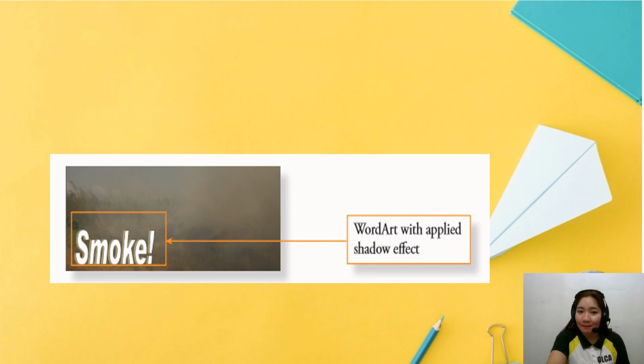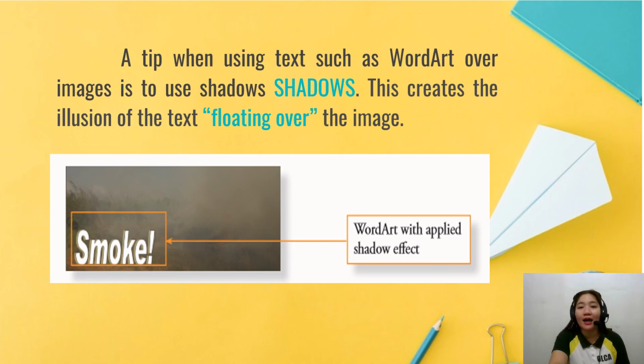Also, class, when using text such as WordArt over images, you are going to use shadows. When applying a WordArt style on highlighted text, click on the Insert tab, then on the WordArt button under the Text group. You're already familiar with this, class; I've already discussed it in our previous lesson.